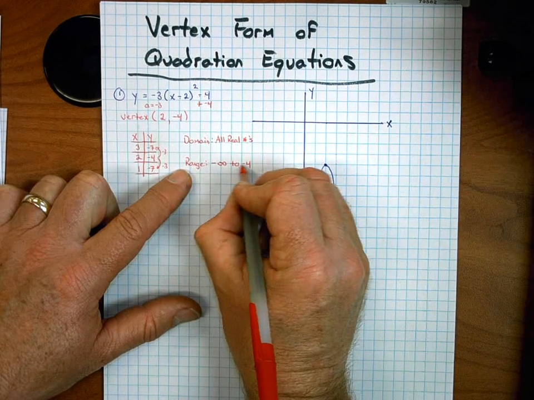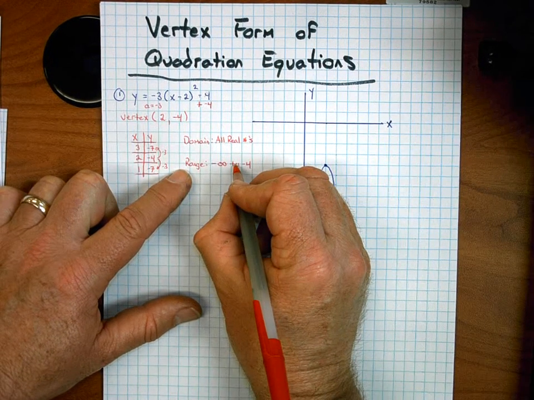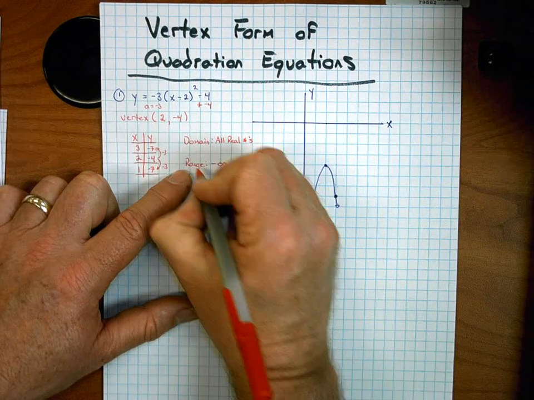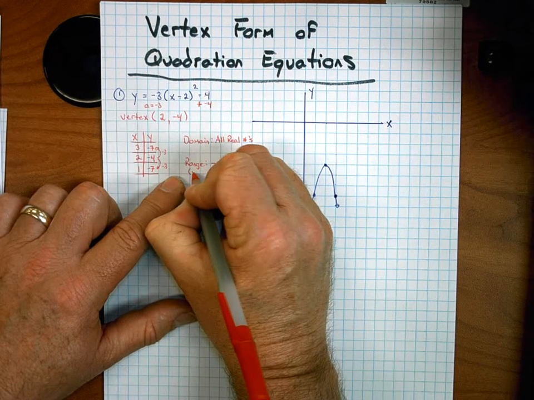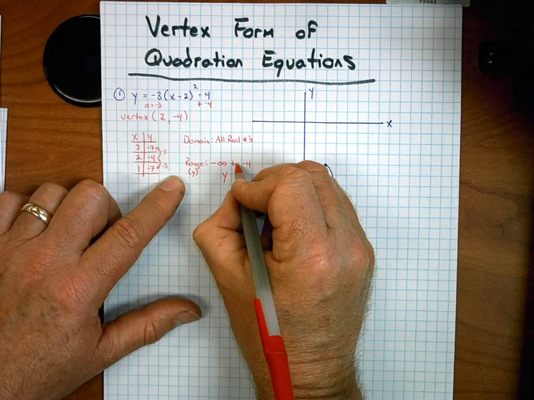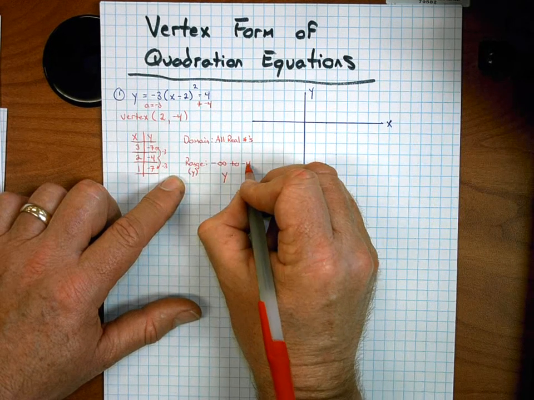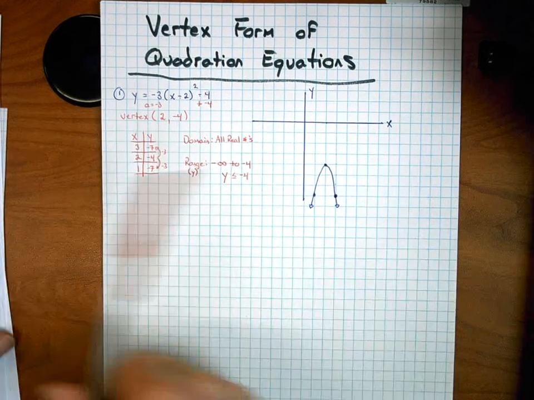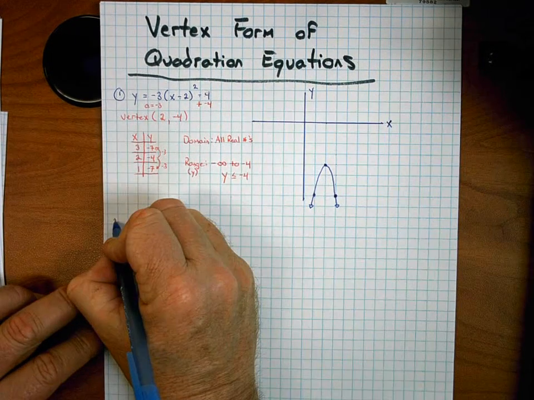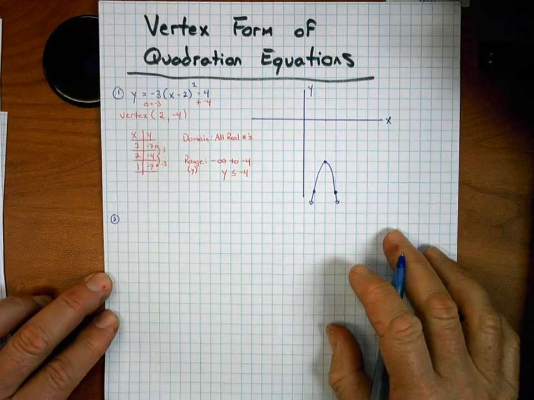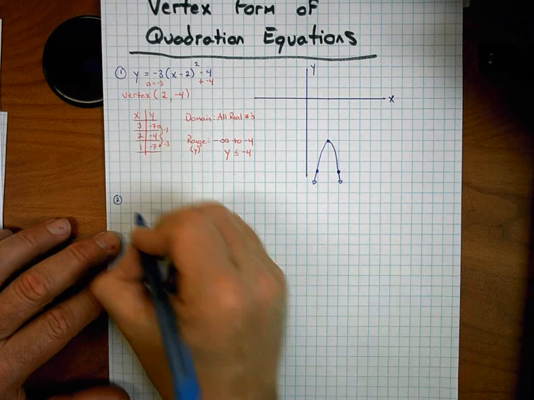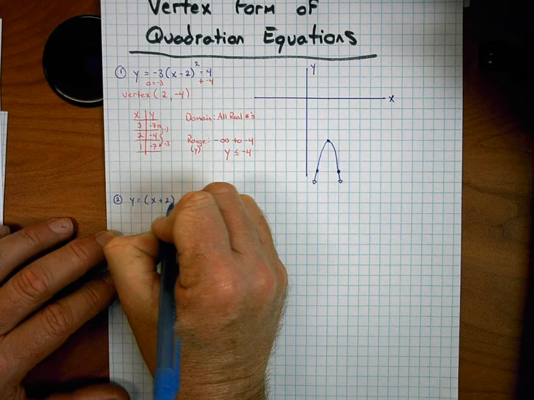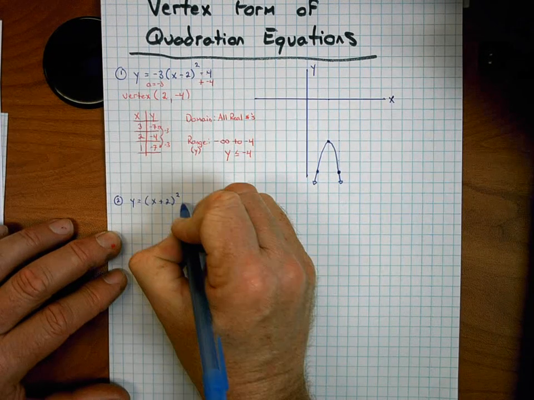So we would say the range is -infinity to -4, and the way that we can write that as an inequality, remember, range coincides with the y value, so this is all numbers less than or equal to -4. So y is less than or equal to -4. That'd be number 1. Number 2, the equation was y is equal to quantity x plus 2 squared, then -1.